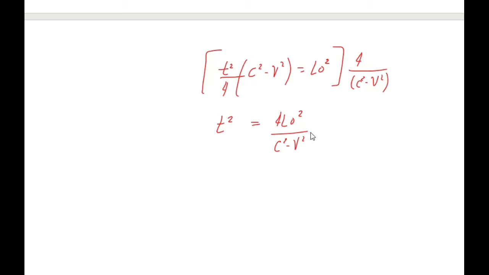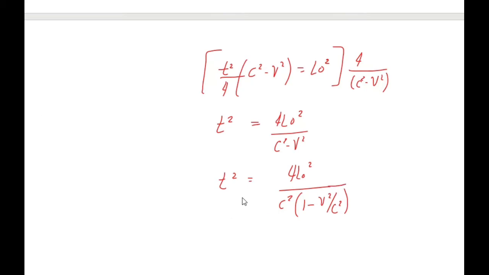And looking at this, we can also extract c squared from the equation. Or we can also factor out c squared. From the equation, we have t squared is equal to 4 L naught squared divided by c squared. Since na-factor out natin siya, this will become 1. So that when you distribute, you will have c squared minus v squared over c squared. Para when you distribute also, it will still become v squared. Okay?